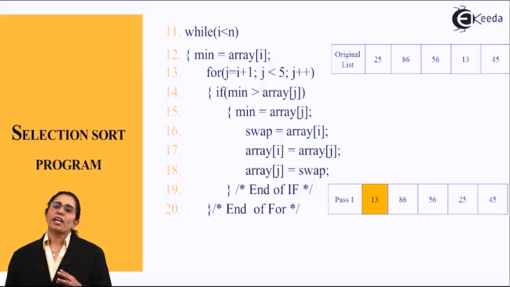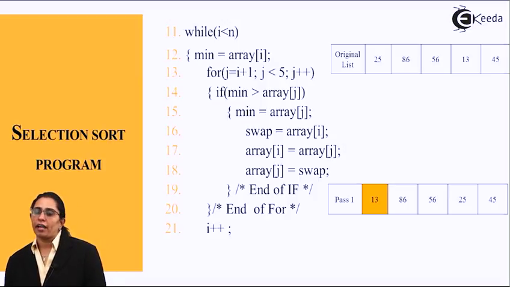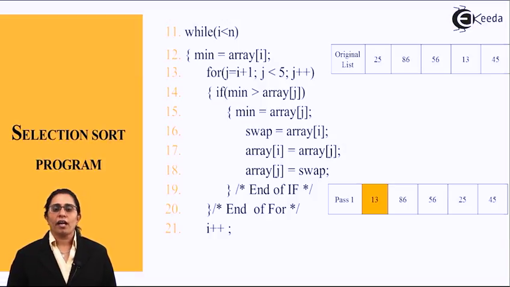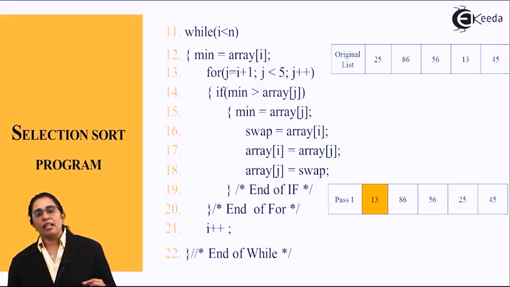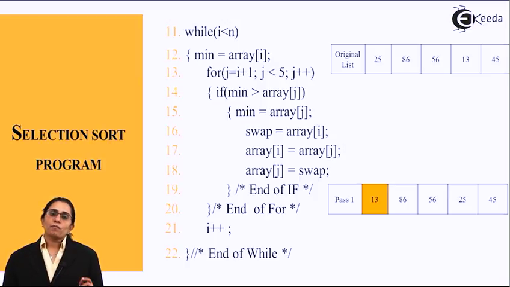So I have to increment the value of i, which is given by the statement i plus plus. Here when I increment the value of i, I then have to close the while loop. This increment of i will continue till the value of i becomes equal to n, which in our case is 5.